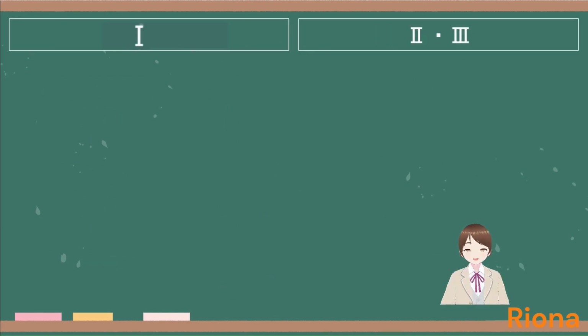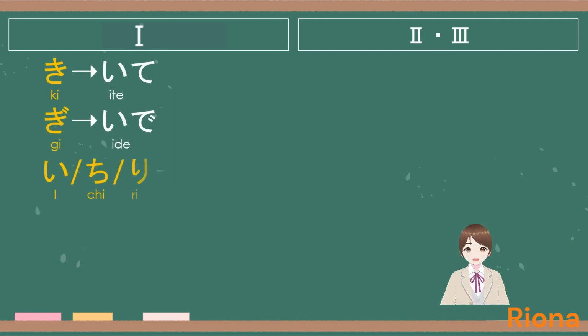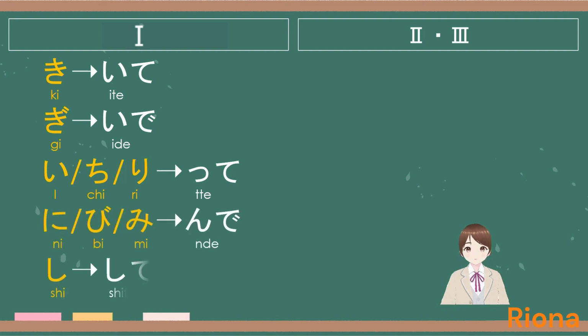Lastly, let's review what we learned so far. Group 1. 聞いて, 泳いで, 言って, 立って, 作って, 死んで, 呼んで, 読んで, 押して.